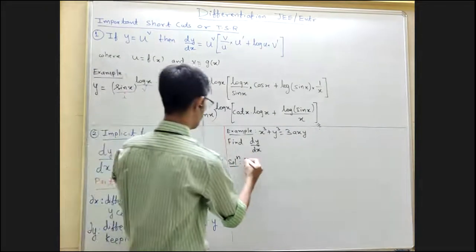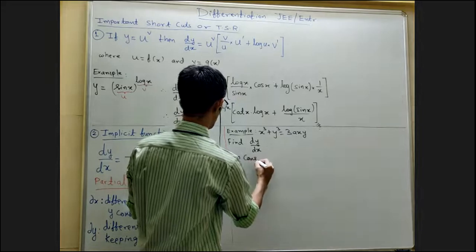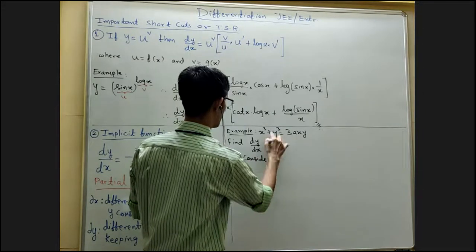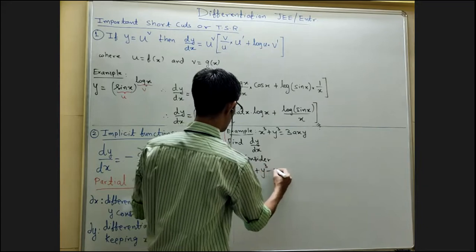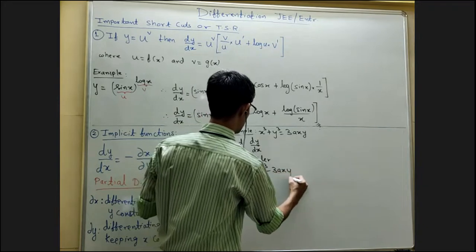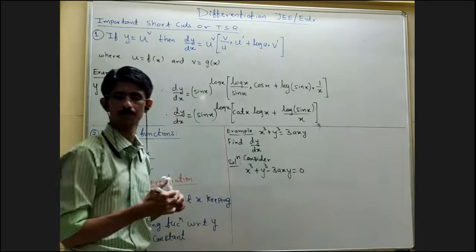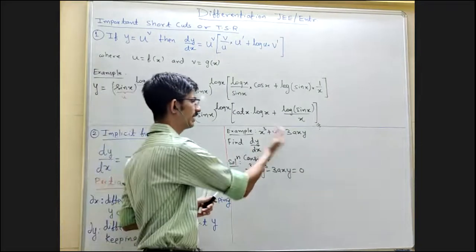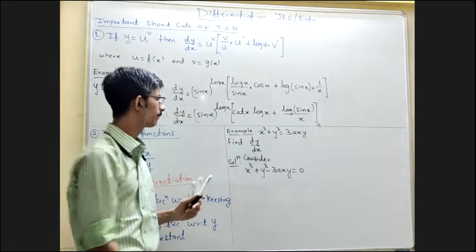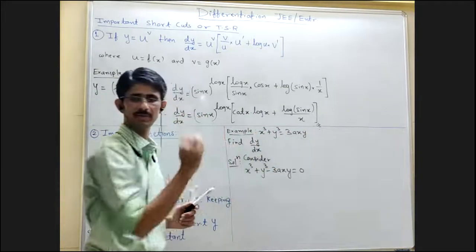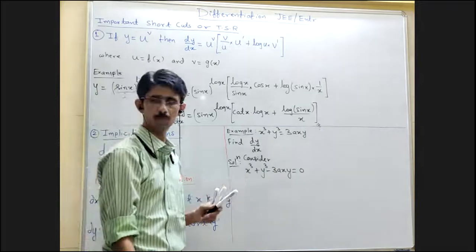So let us first consider this equation, x cube plus y cube minus 3axy is equal to 0. Whenever we have an implicit function, we bring all the terms to one side. So we brought 3axy to the left hand side. This is equal to 0.